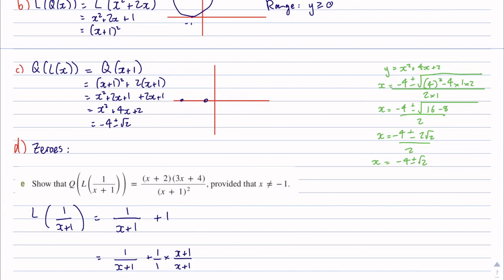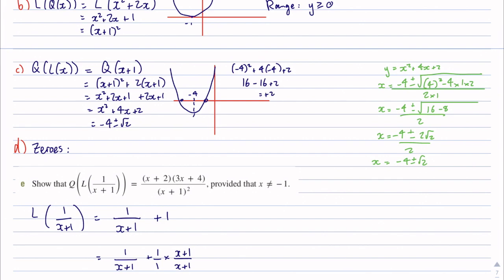So we've got things like here. This point here would be minus 4. Which means I've got minus 4 squared plus 4 times minus 4 plus 2. So I've got 16, take 16 plus 2.